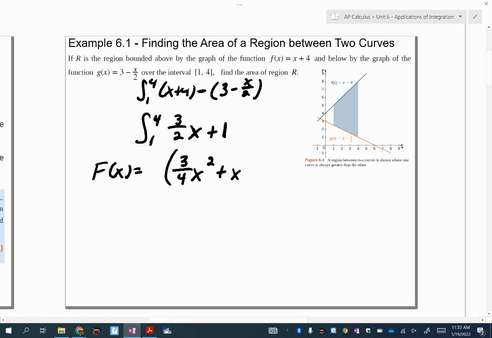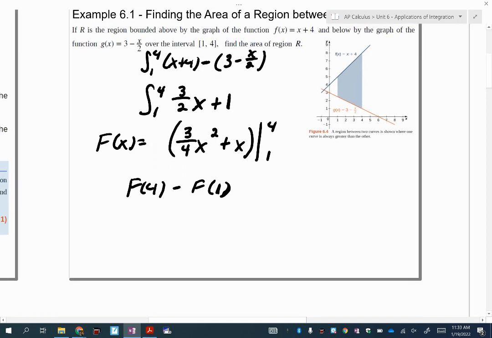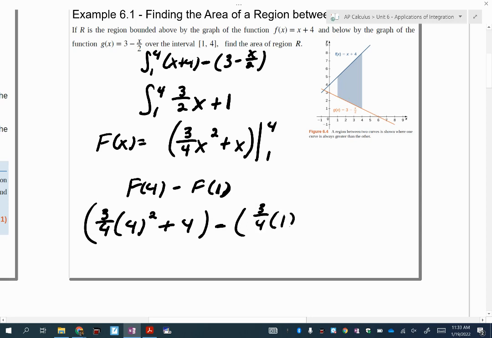I'm going to evaluate this at 4 and 1, so f of 4 minus f of 1. Whatever I get there will be the area between these two curves. That's 3/4 times 4 squared plus 4, minus 3/4 times 1 squared plus 1.